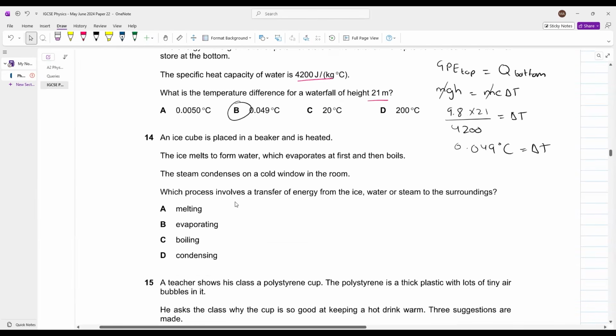An ice cube is placed in a beaker and is heated. The ice melts to form water, which evaporates at first and then boils. The steam condenses on a cold window in the room. Which process involves a transfer of energy from the ice, water or steam to the surroundings? अच्छा जी, कौन सा ऐसा प्रोसेस है जिसमें हीट इमिट आउट हो रही है? मेल्टिंग में तो आपको हीट प्रोवाइड करनी होती है.